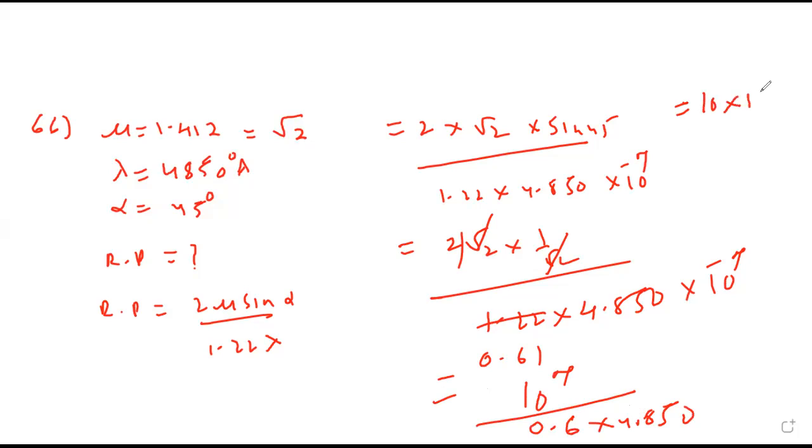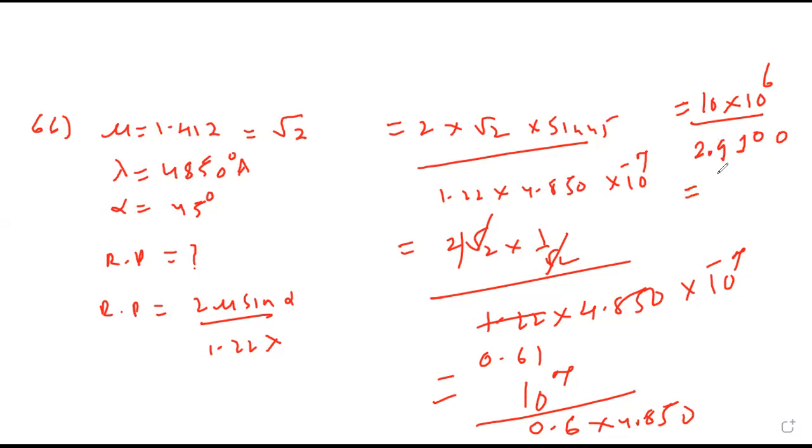10 into 10 raised to 6 upon 6 into 530. 6 8s are 48 and 3, 51. Carry 5, 6 4s are 24 and 5, 29.